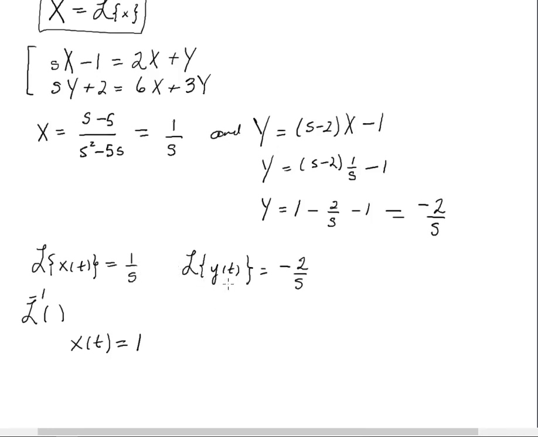And then using linearity, I see that if the Laplace of y of t is negative 2 over s, that's negative 2 times 1 over s, and the inverse Laplace of 1 over s is just 1, so this would be negative 2. So the simultaneous solution would be two constant functions, x of t equal 1 and y of t equal to negative 2. But that's how that worked out, so that wasn't very difficult.